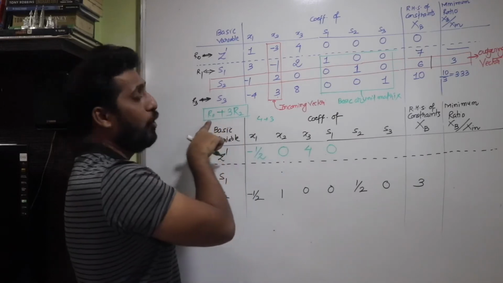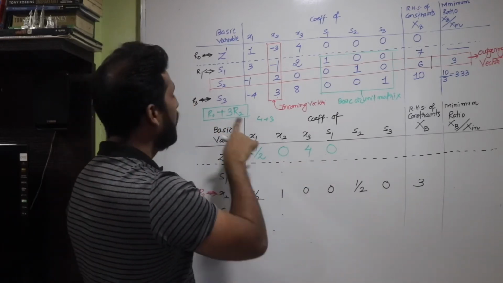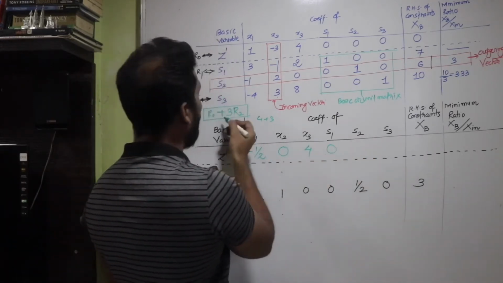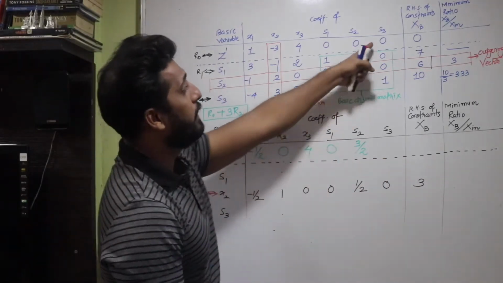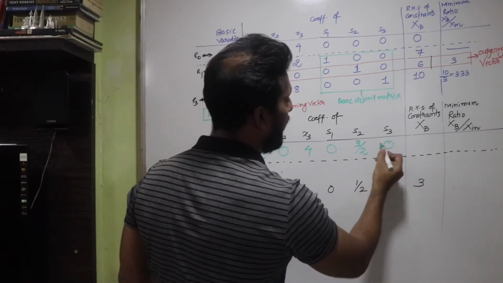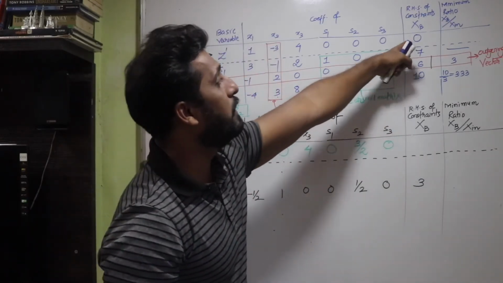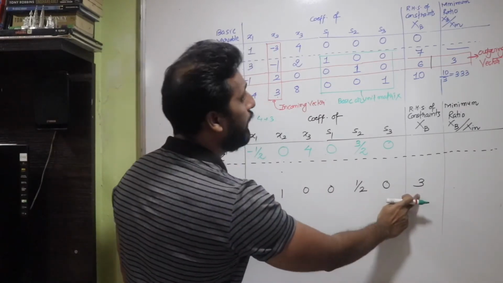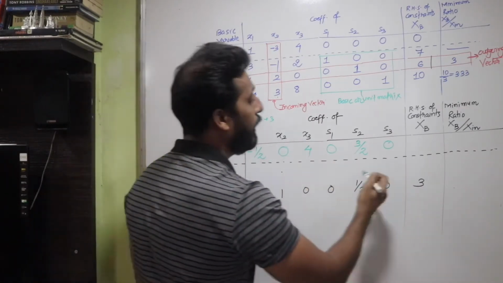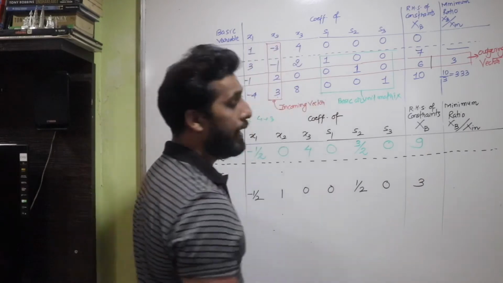Again S2 is 0 here now. And then it is half, so 0 plus 3 into 1 by 2 gives me 3 by 2. Then S3 is 0 here, and here also 0, so I'm going to get 0. And finally XB: 0 plus 3 into 3, that gives me 9.